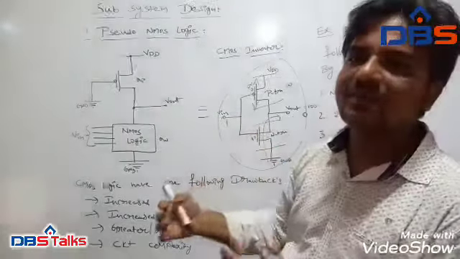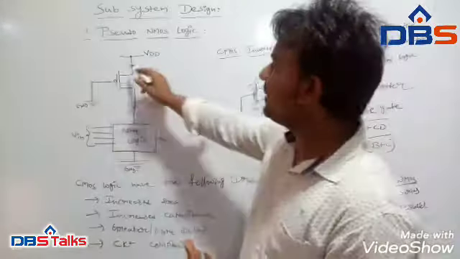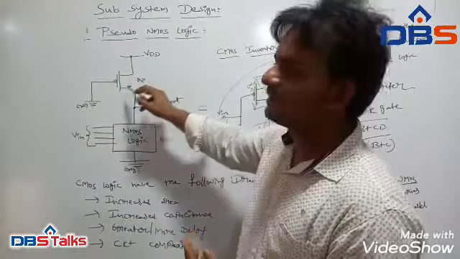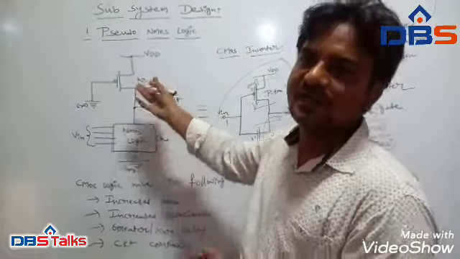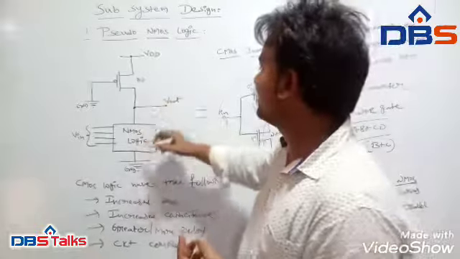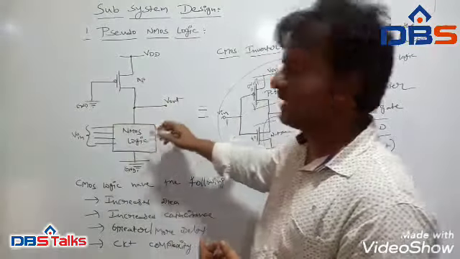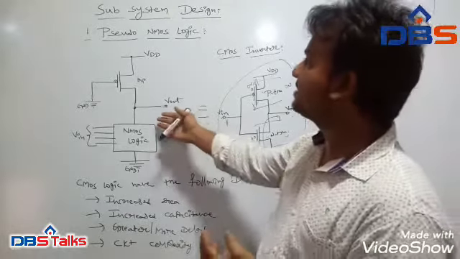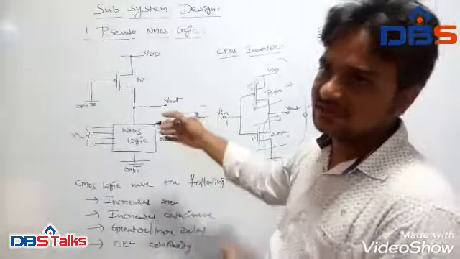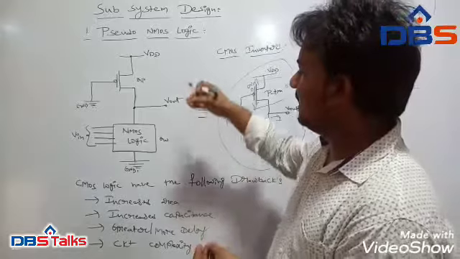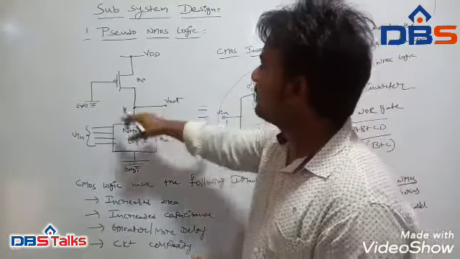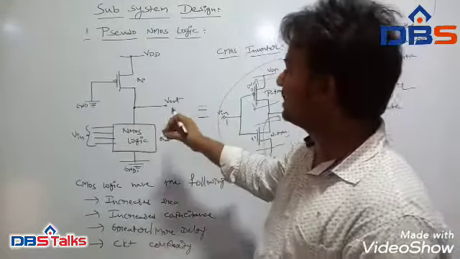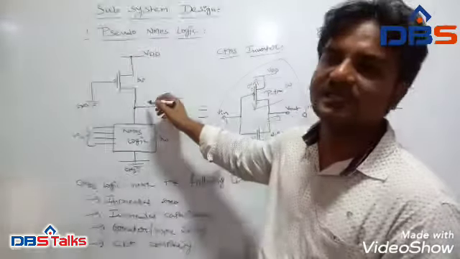Due to the smaller number of transistors, it may consume low power dissipation in the entire circuit. These are the advantages. There is also a disadvantage: implementing this type of design in layout creates some problems.